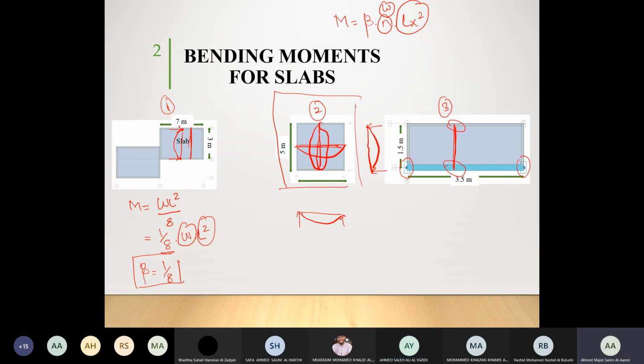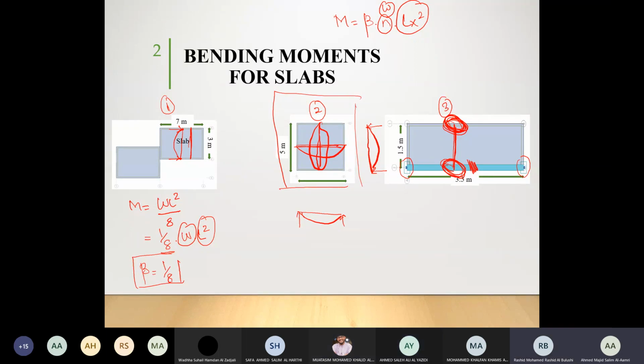And can you see that there is a beam connecting the columns? So on this side, do we have a beam? No. Do we have a beam in this area? Yes.